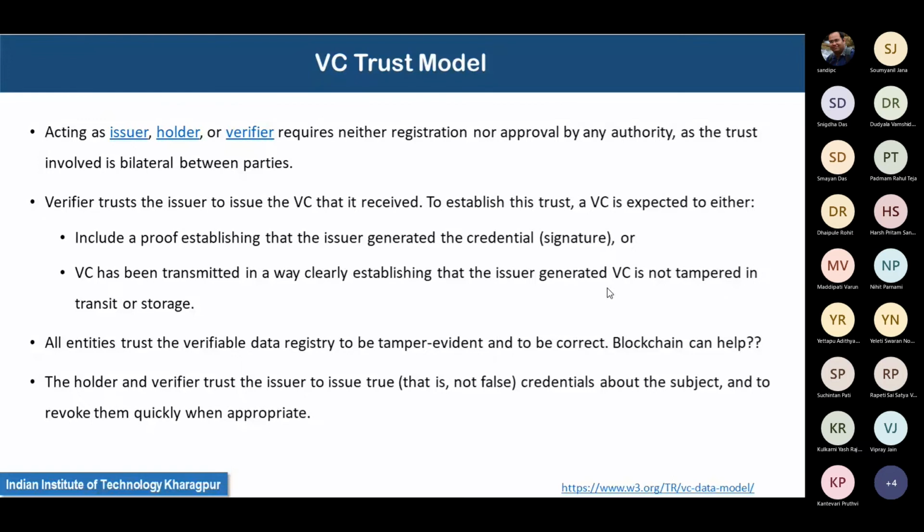And once in this step Alice has got her VC from the university, Alice can now prepare the verifiable presentation and do the verification. So say the industry requests the transcript verifiable presentation, Alice would present the transcript VP with a signature authenticating it. Alice will sign it with her private key, and the industry can validate the transcript issued to Alice's DID by checking it with her public key, which is available in the VDR.